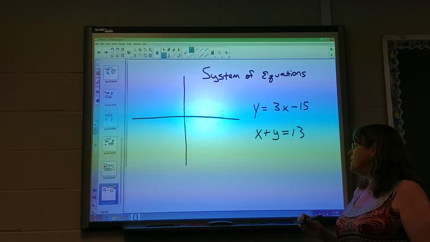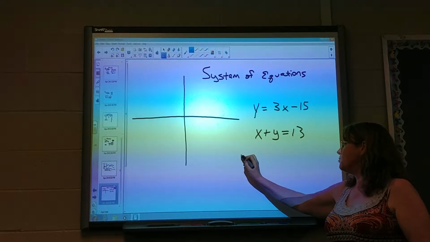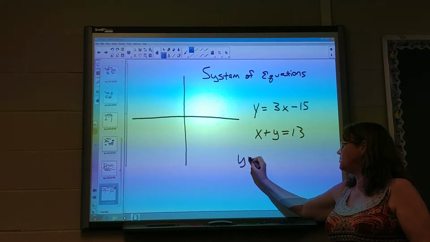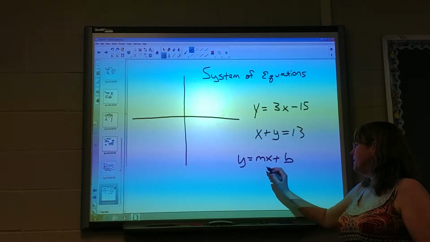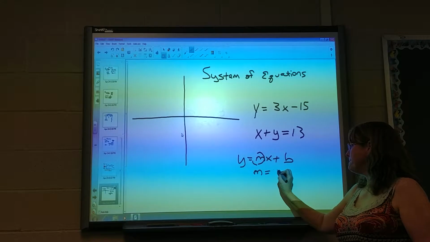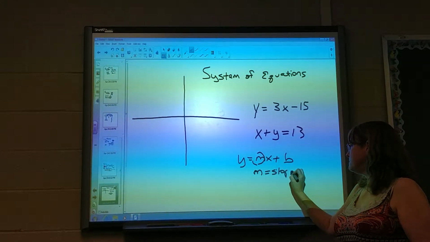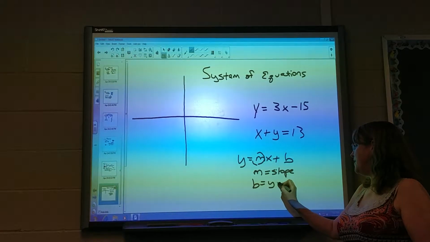There's something called the slope of a line formula. It's y equals mx plus b. M is the slope. B is the y-intercept.